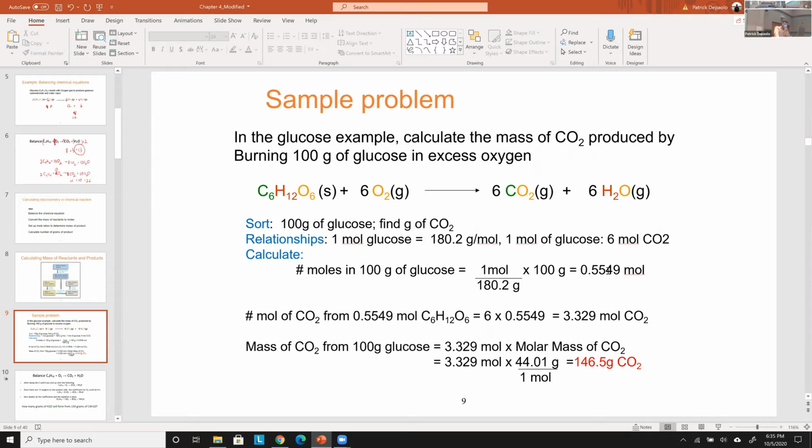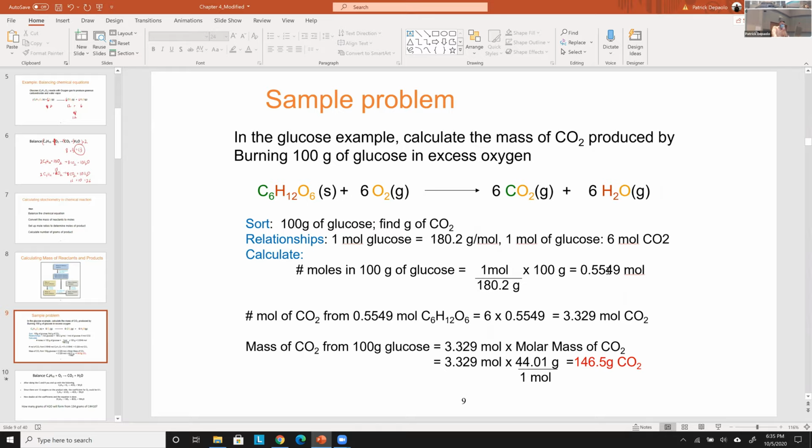If we forget the amount that we're given of glucose and just look at the equation, the relationship between glucose and CO2, we can see that 1 mole of glucose reacts to produce 6 moles of CO2, since it's a 1-to-6 ratio. That's very important. That's really all the information we need from the equation.